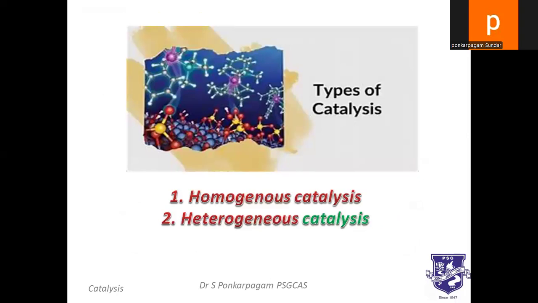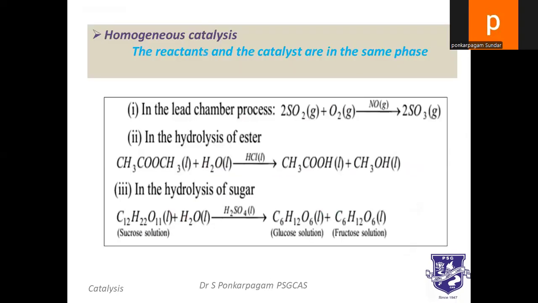And then types of catalysis. There are widely two types of catalysis. One is homogeneous catalysis and the other is heterogeneous catalysis. In homogeneous, homo means same. So here the reactants and the catalyst are in the same phase.